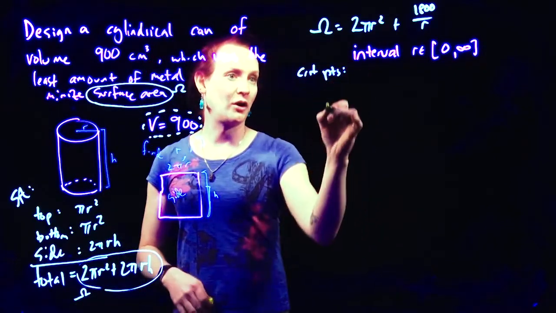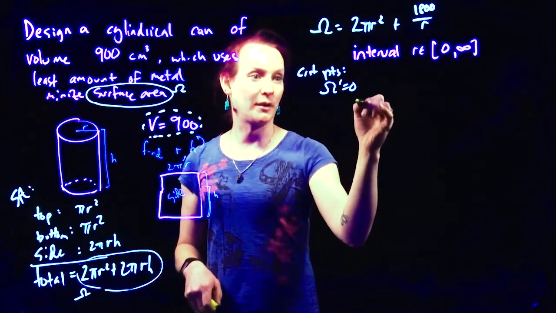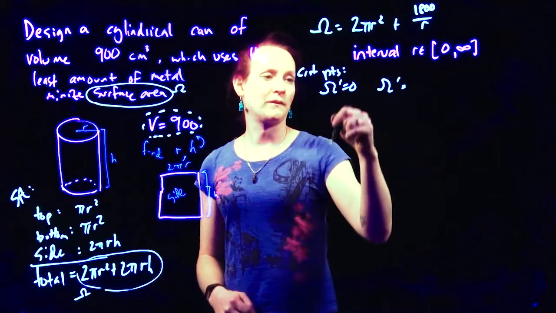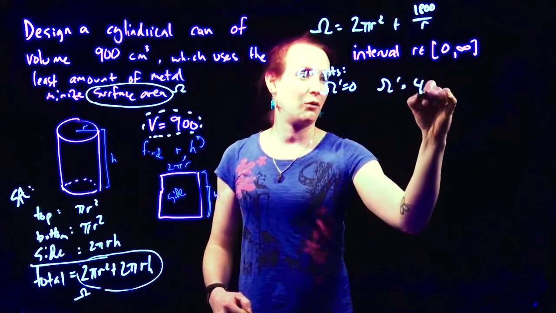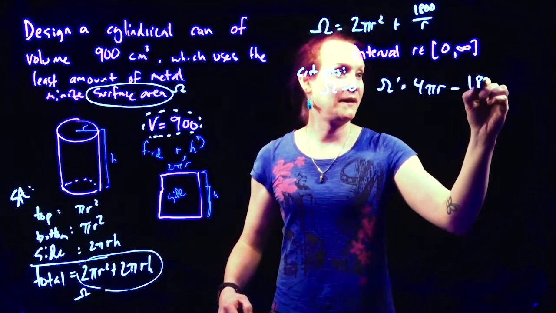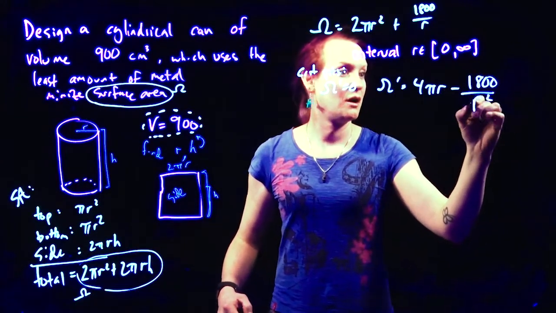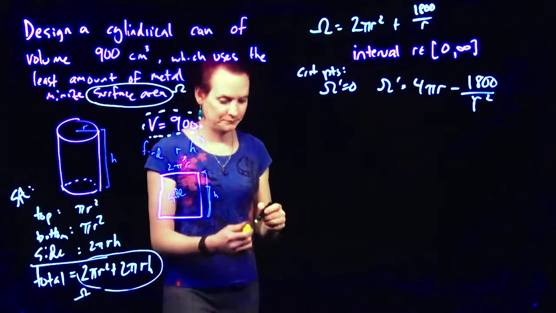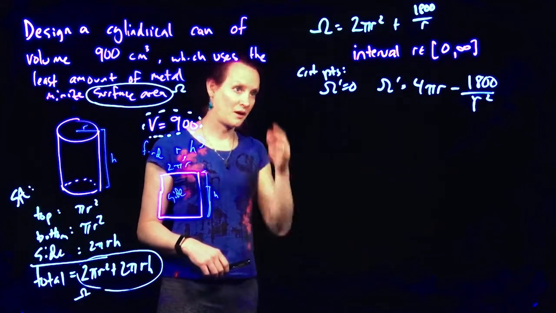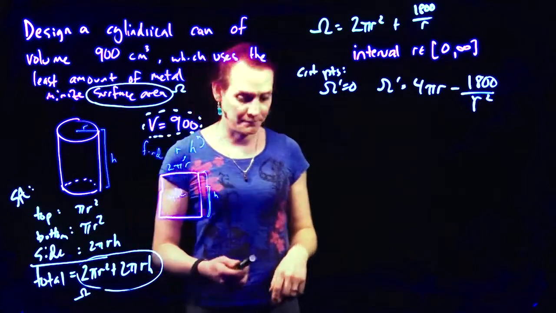The critical points are where omega prime equals 0. Okay? So we need omega prime. Let's take the derivative with respect to r. I'm going to get 4 pi r minus 1800 over r squared. And I want to know where that's equal to 0.